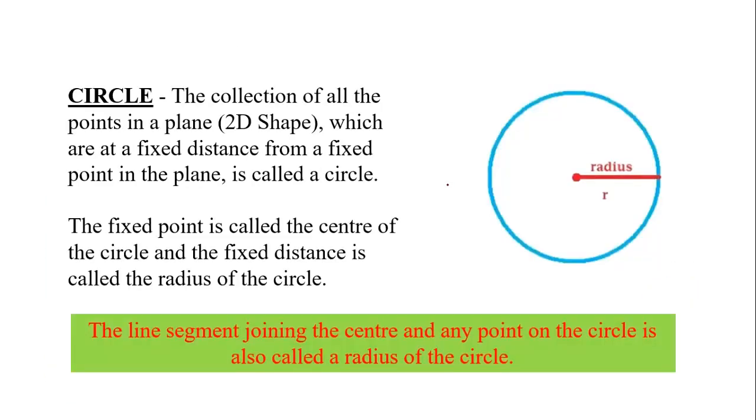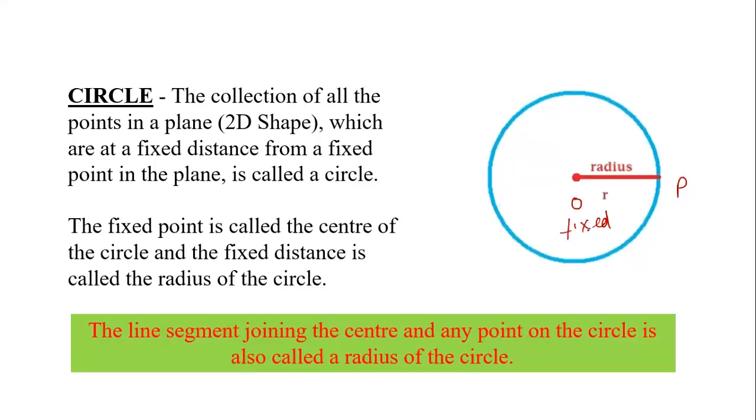Now coming to the definition of the circle. Circle is the collection of all the points in a plane, which is a 2D shape, which are at a fixed distance from a fixed point in a plane. For example, let's take 2 points, one is point O and one is point P. O is the fixed point in the circle and P moves in such a way that the distance from O will always be fixed.